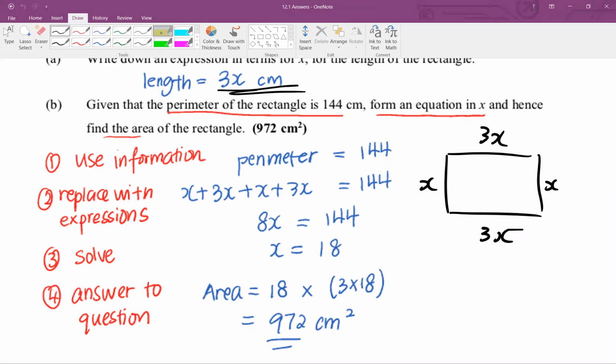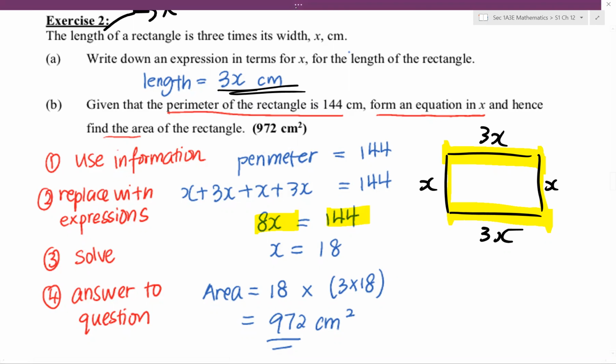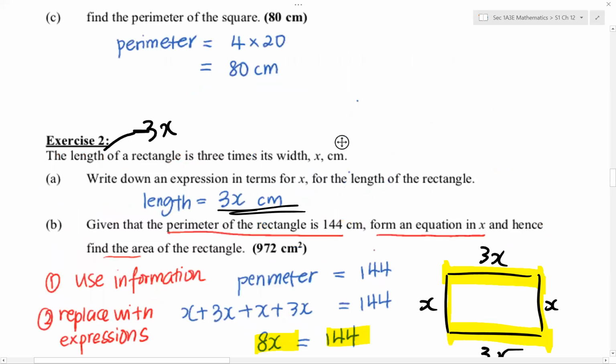Trace it out. 3x plus x plus 3x plus x. That is the perimeter, right? If I add all of them up, I should get 144. What happens if I add 3x plus x plus 3x plus x? How many x's altogether? 8 of them. 8x equals 144. 1x must be, you divide both sides by 8.